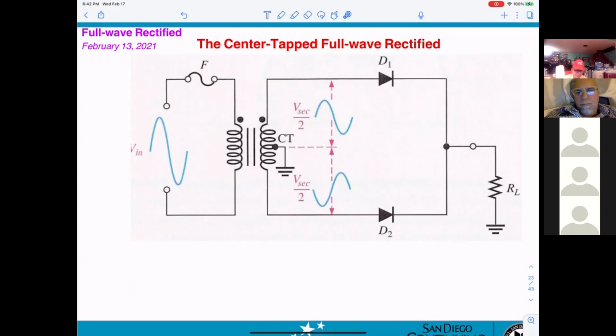If you look at that, you can see the difference. When this is positive, that will be negative. When this is negative, this will be positive.